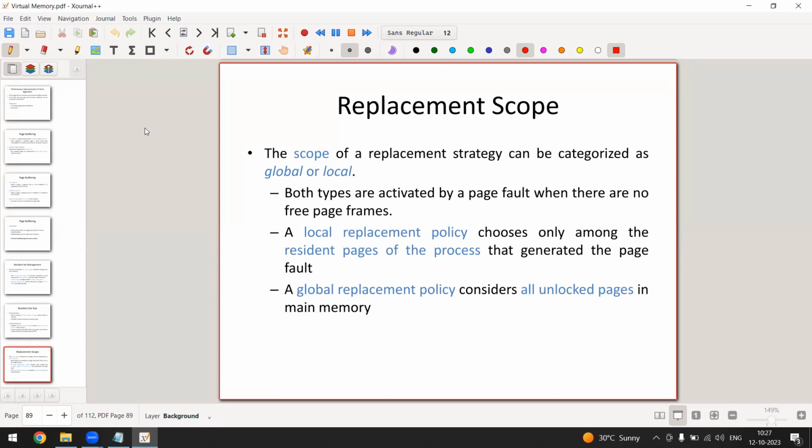What may happen is that you may swap out the page of process A also, or the page of B. You may argue that A and B are not generating page faults, so why are they swapped out? But if the replacement scope is global, then it may be possible.